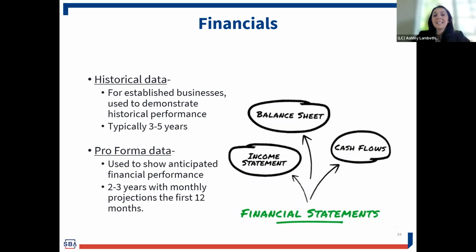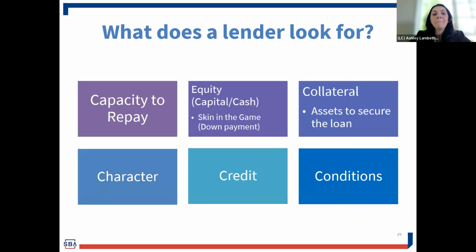Again, they're looking to see that they are credible, realistic, and consistent, consistent from page to page and throughout your business plan. We're looking at 2 to 3 years with monthly projections for the first 12 months. How are your sales going to be? Is there ever going to be a time where sales decrease? What are your costs? How much are your margins? These are all things they're going to be looking at.